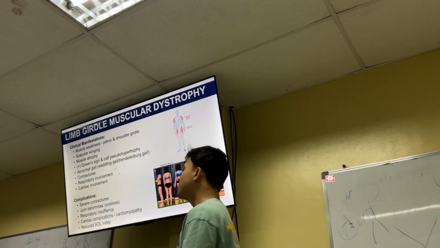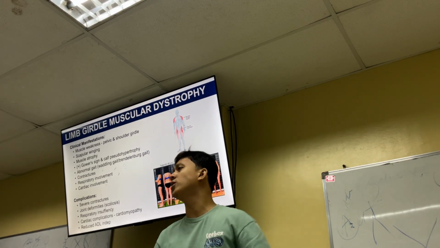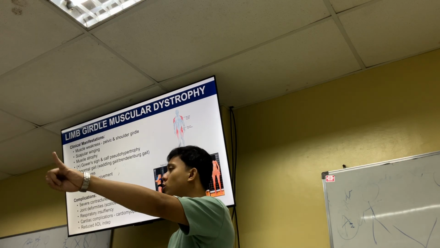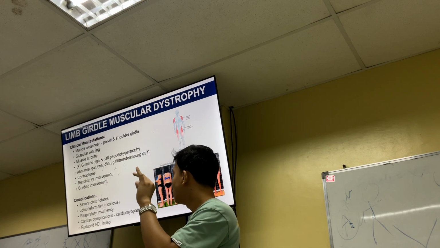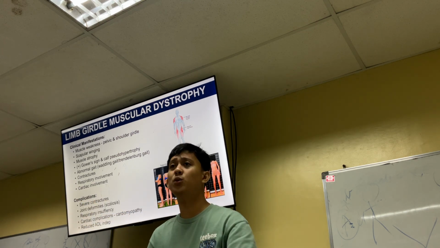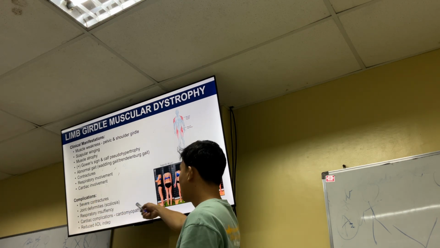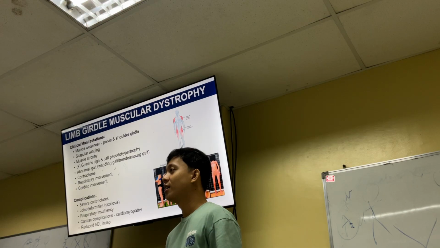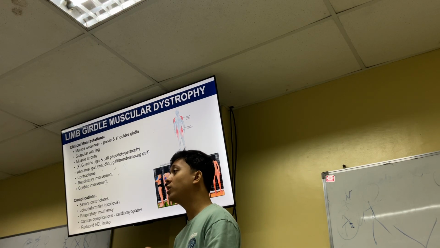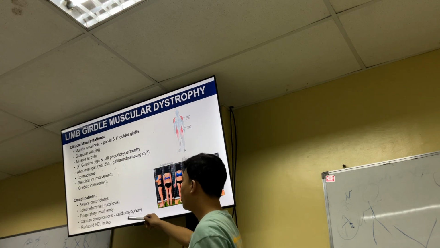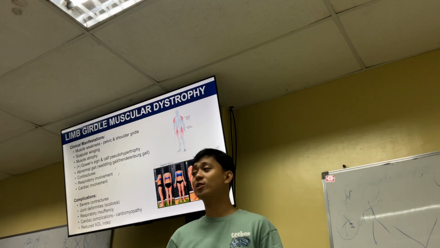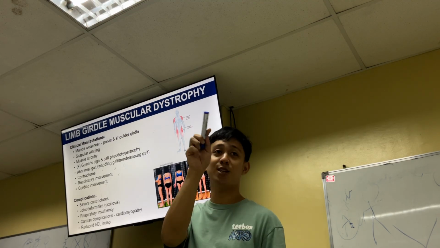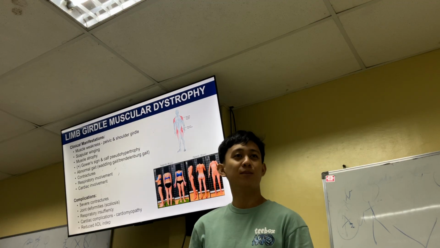Here, the complications, actually guys, they all share the same complications: contracture, deformity, usually scoliosis, etc. And the most general, reduced activities of daily living, reduced functionality, knowing that the patient has muscle weakness.